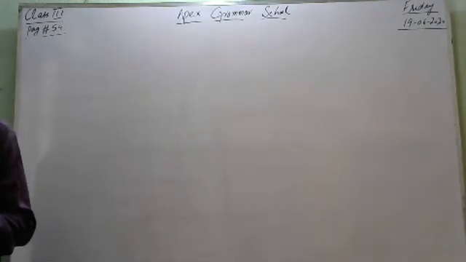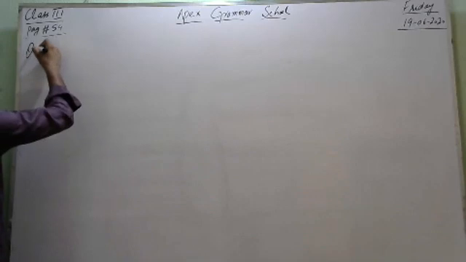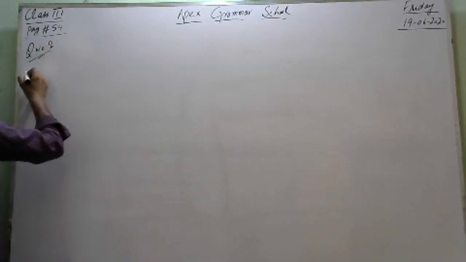Question number 2. Add together these prices and write the total amounts. First one is rupees 97.